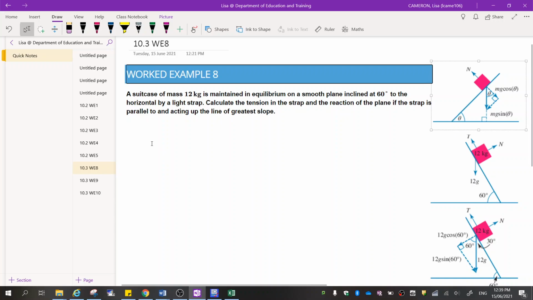So normally, to find the force, we would do the forces, add them, and let it equal to 0. So F1 plus F2 equals 0. Now, in this case here, my force going up is N, plus the force going in the opposite direction is 12G cos 60.